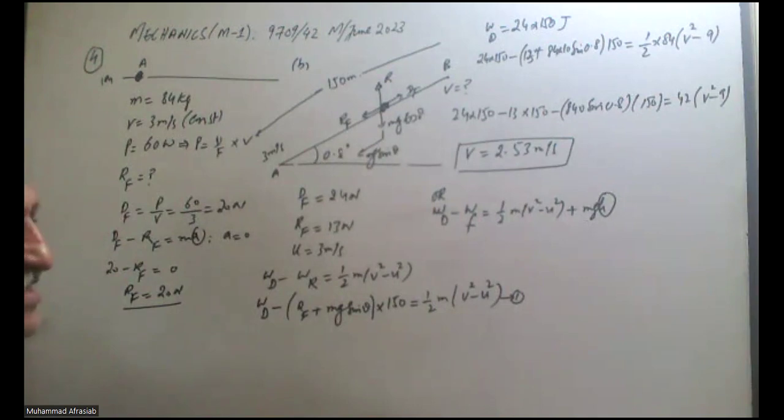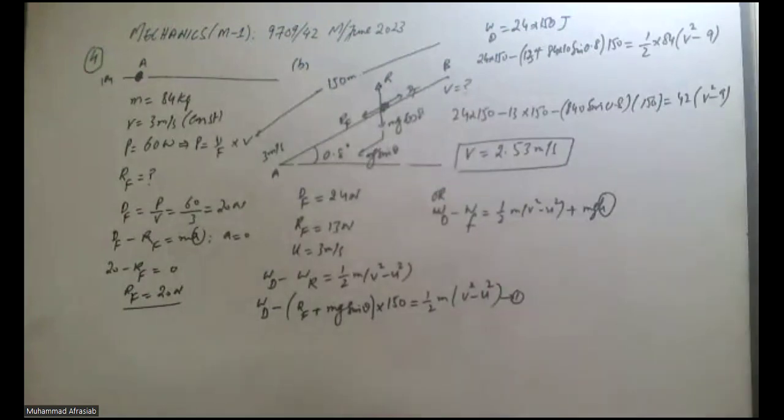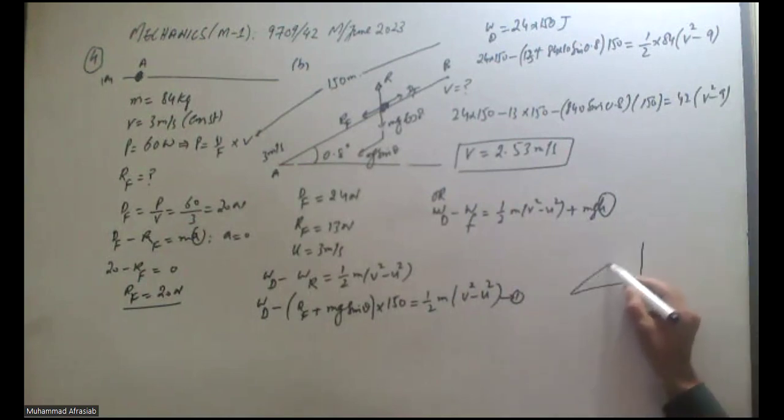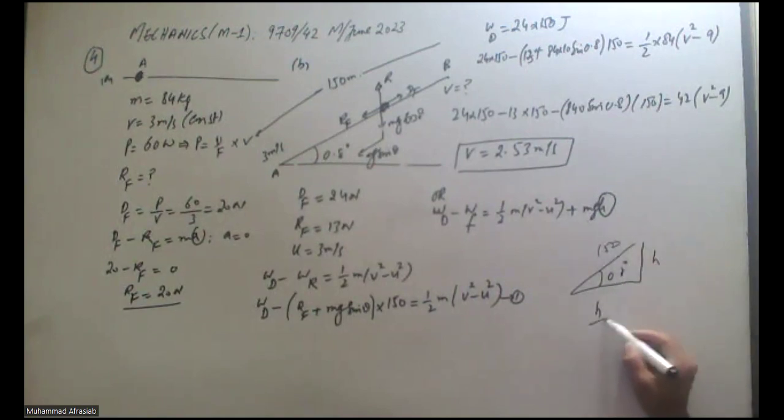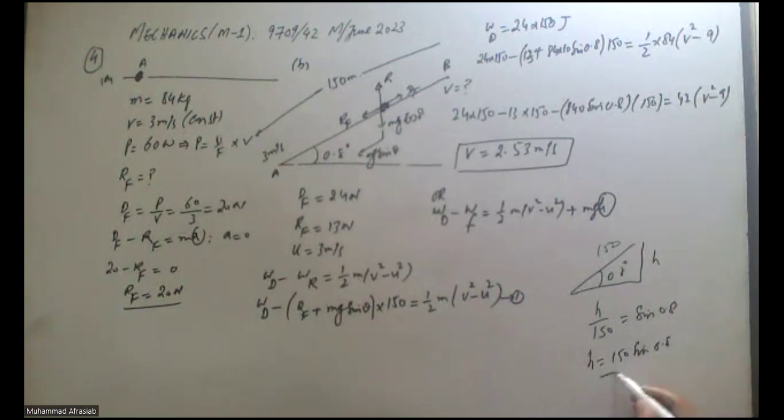You can write it in that equation there, where height is basically equal to, so h over 150 is equal to sine of 0.8, or h is equal to 150 into sine of 0.8.